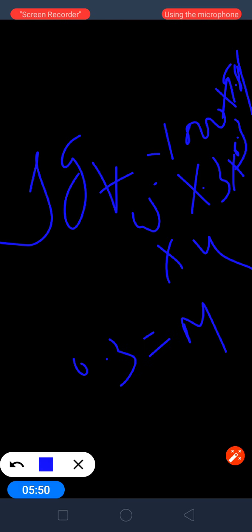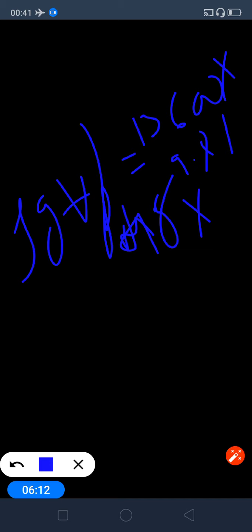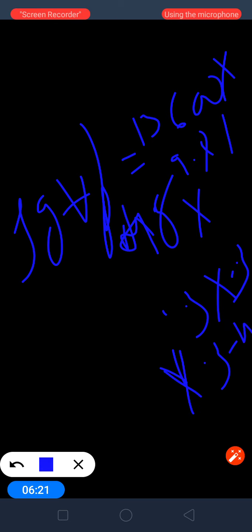And rho gV of mercury is equal to 13600 into 9.81 into the volume, that is 0.3 into 0.3 into (0.3 minus x).